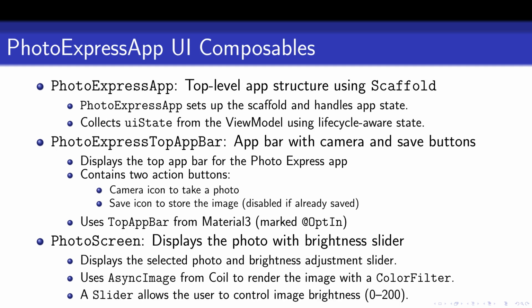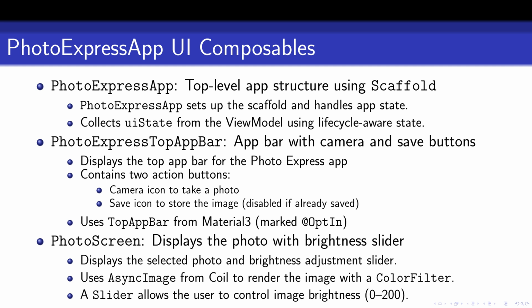The user interface is structured to be intuitive and minimal. At the top of the screen, the top app bar contains two action buttons, one for launching the camera and one for saving the edited photo. Below that, the screen displays the captured image using AsyncImage, which reflects the current brightness level using a LightingColorFilter.